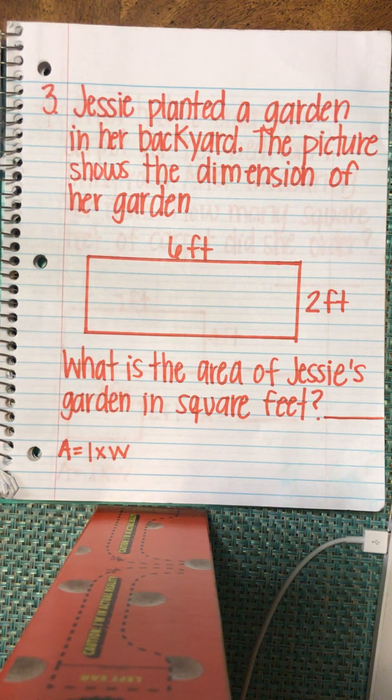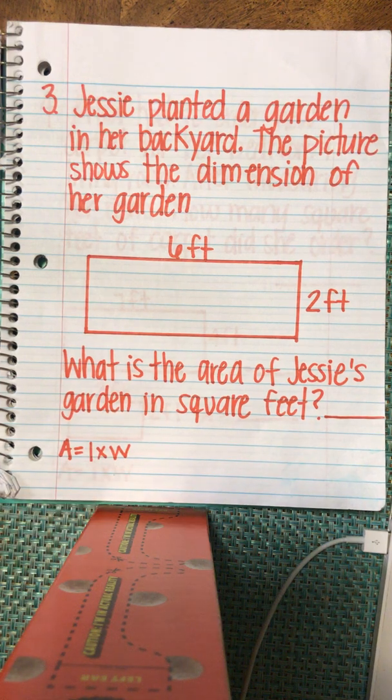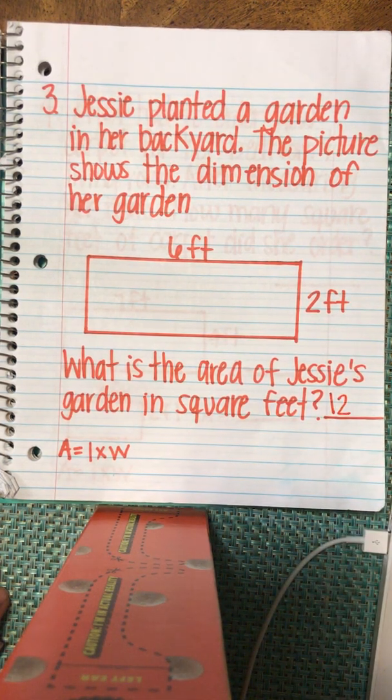So what we're going to do is look at our formula, area equals length times width. So we'll get our calculator out and we'll do 6 times 2 and we'll get 12. So the answer is 12, but then it wants to know in square feet.